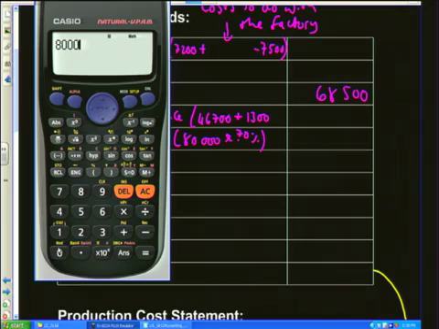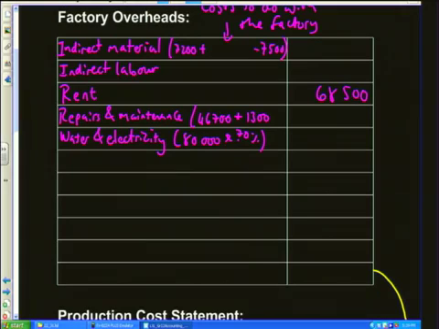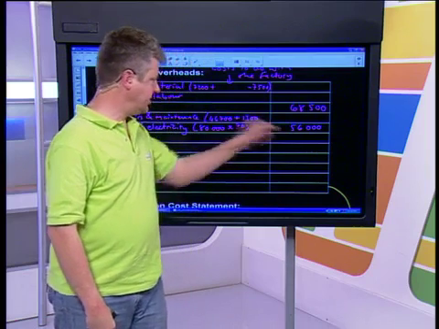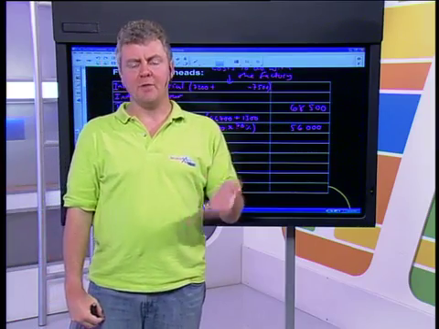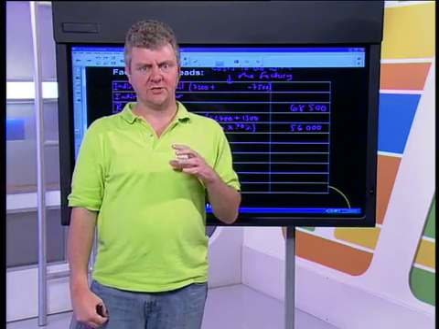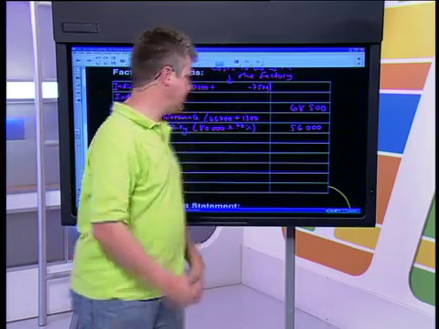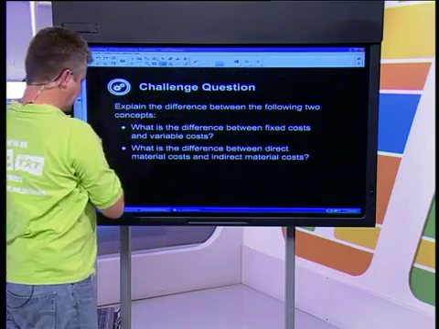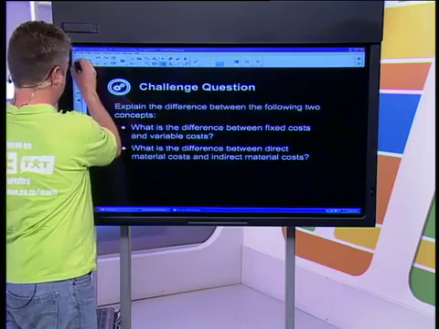It was 80,000 rand, and we had to work out 70% of it, so I'm going to multiply it by 70 over 100, and the missing figure that we wanted for our water and electricity was 56,000. I'm sure you've calculated that in the meantime, being the good accountants that you are. But remember, 70% of that 80,000 is going to need to be allocated to factory overheads because that's the only part of the water and electricity that actually was used in the factory. Okay, let's look at the next piece of information that we have.